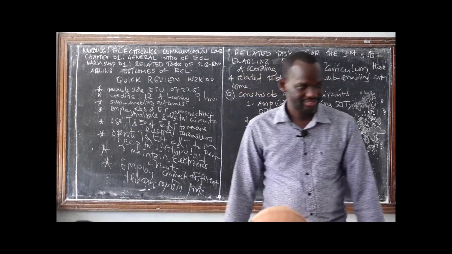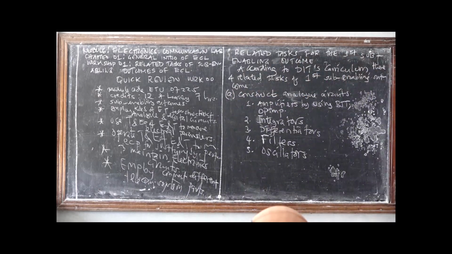No. We mean electronics communication filters, such as low pass filter, high pass filter, band pass filter. We have a number of analog electronics communication filters, and also a number of digital electronics communication filters.